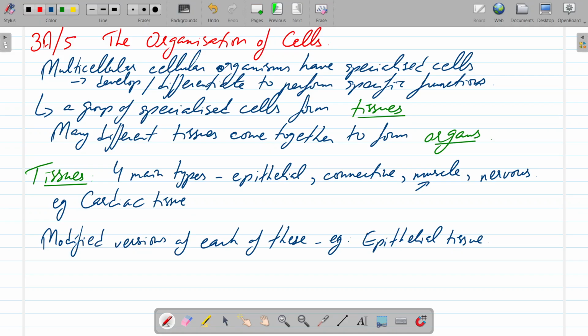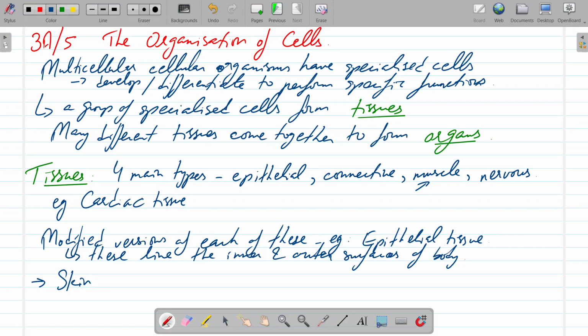So the epithelial tissues are the ones that line the inner and outer surfaces of the body.